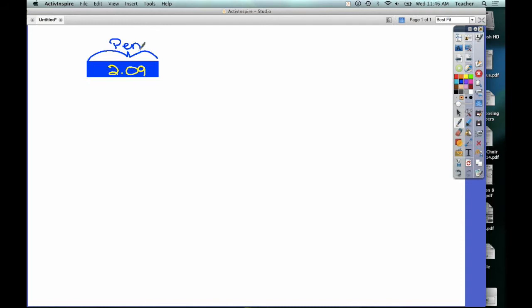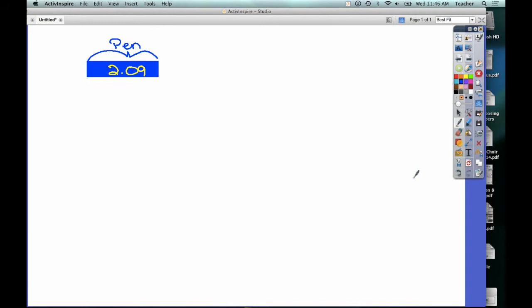But it says that the pen costs 45 cents less than the marker. So is the marker at least $2.09? Is it at least that much? The pen costs less than the marker, right?